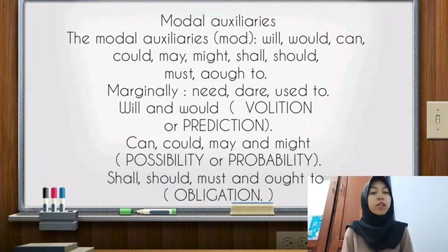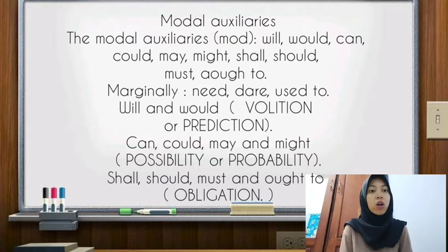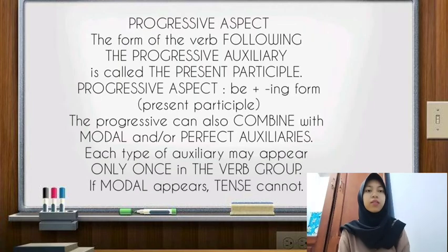The form of the verb appearing after a modal is called the infinitive. It can appear with the particle to plus infinitive, which is to hug, or as a bare infinitive without to, which is hug. Progressive aspect.